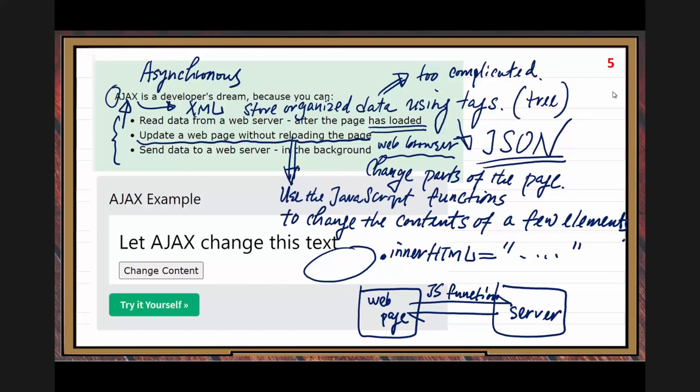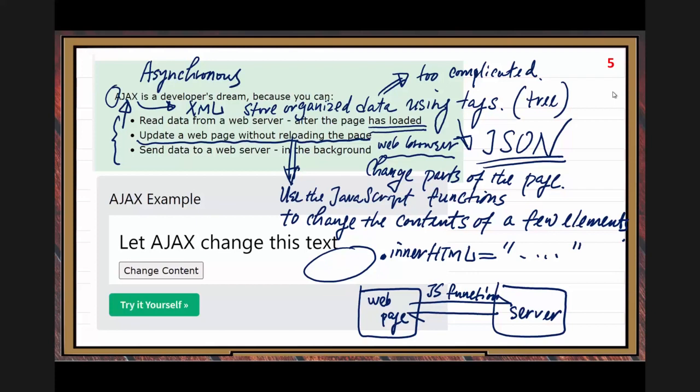Because if you do not use AJAX, you have to hit enter to send the data to the server. When you type, you cannot send the data to the server. So then, no suggestion.